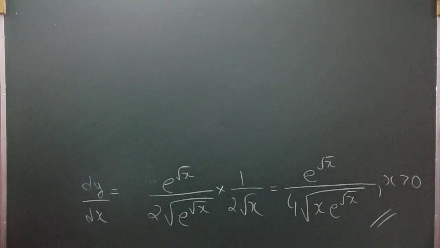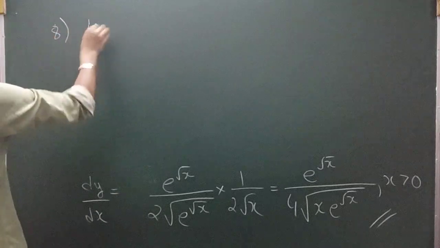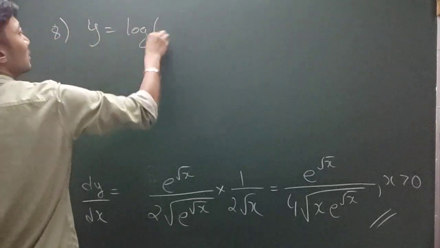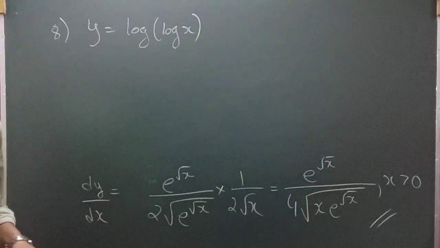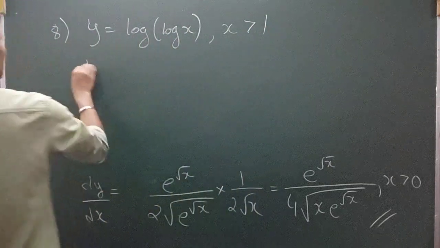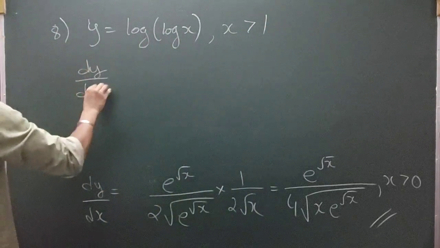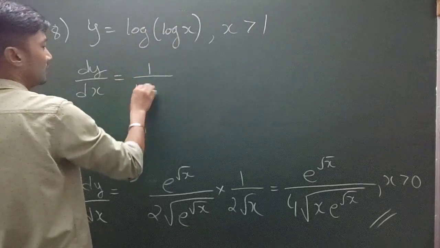Alright, almost finishing up. See how quickly? Number 8. Log of log x. Of course, x should be greater than 1, otherwise it will not be defined. So dy upon dx. What is derivative of log x? 1 by x. What is x? Log x.